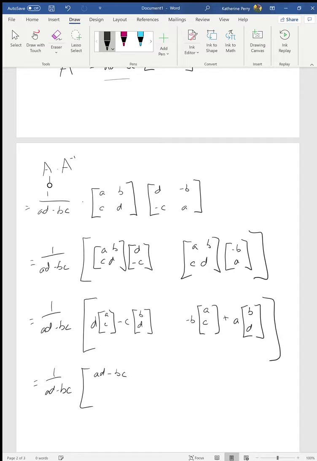And down here I have dc minus cd, which is 0. Okay, and now up here I have this negative ba plus ab, so that's also 0. And then I have this negative bc plus ad.